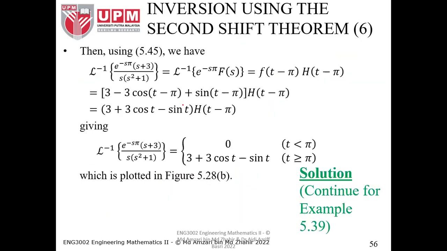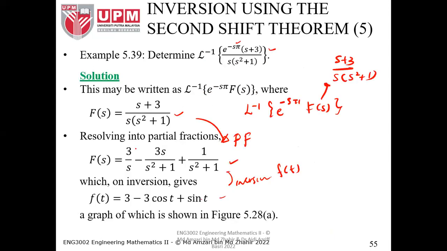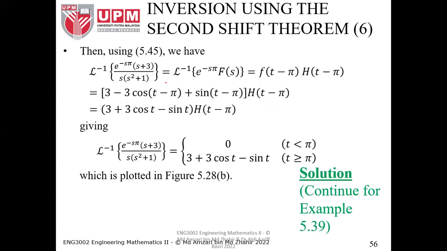Then you need to change to the second shift form, e^(-pi s) F(s), which is f(t minus pi) h(t minus pi). So you have 3 cos t plus sin t, where t is replaced by t minus a. So we need to change from t to t minus a. Your a here is pi.